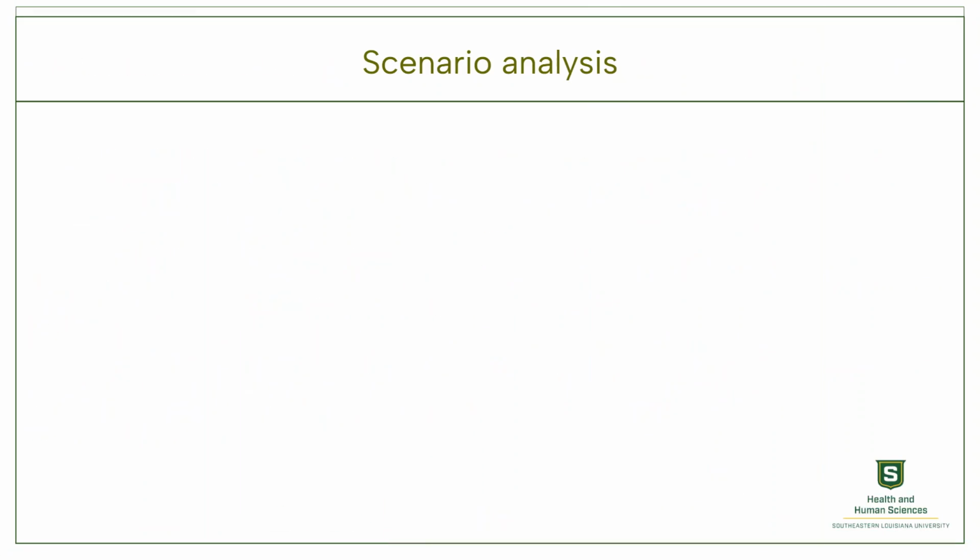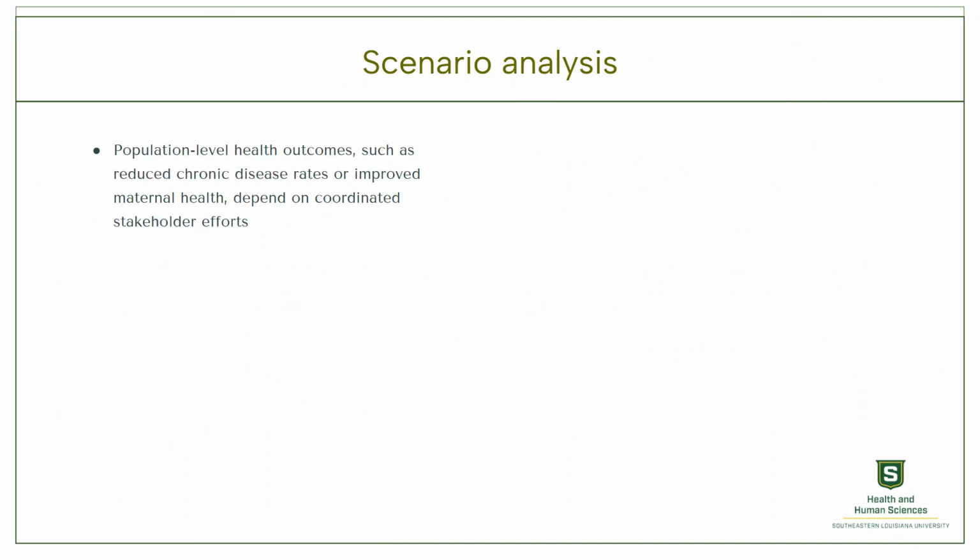So we're going to do a little scenario analysis, but before we do that, let's have a little bit of conversation about how stakeholder efforts work on achieving population health outcomes. It very much depends on the coordinated efforts of multiple stakeholders in deciding, first of all, what population health goals to target, what strategies you're going to use to target them, and who is going to be involved in implementing that.